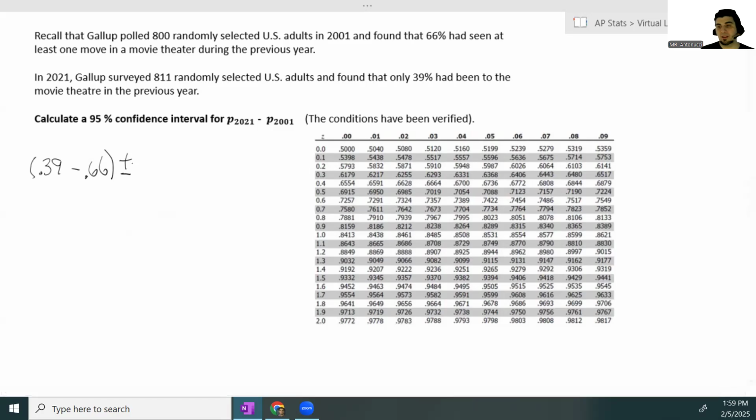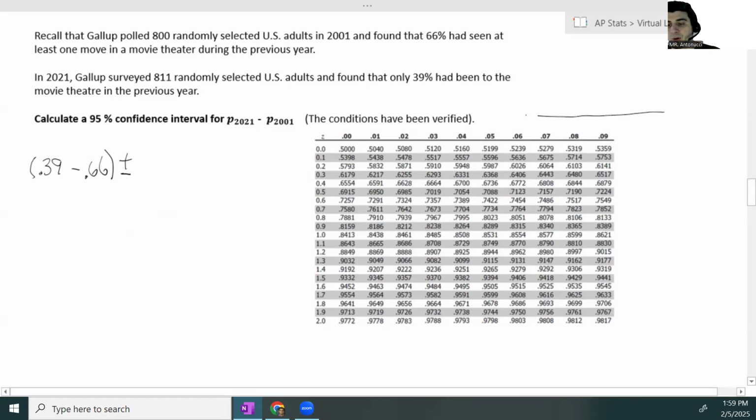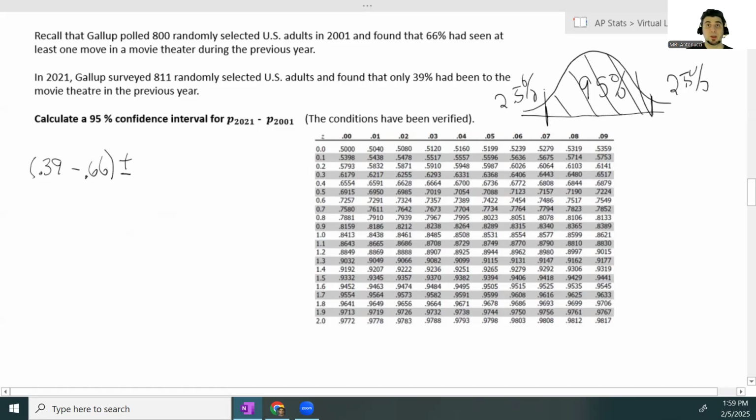So since we're doing a 95% confidence interval, we can use a table of values. But remember, 95% is the middle 95%. That leaves 2.5% above and 2.5% below, because the middle 95% misses the outer 5%, which is split among the upper and lower half.